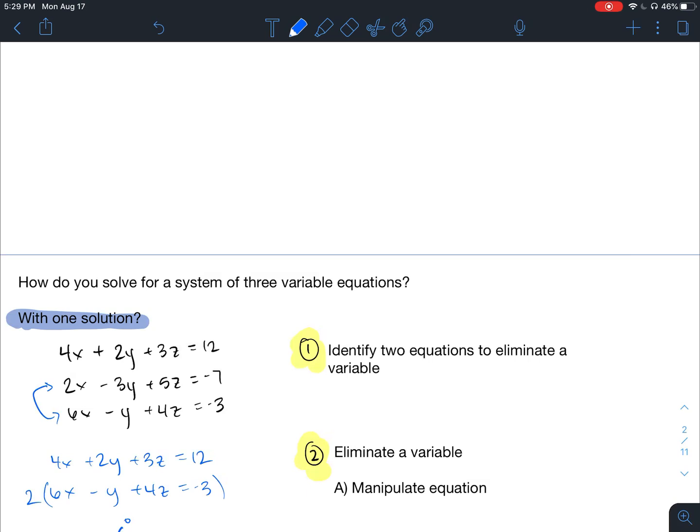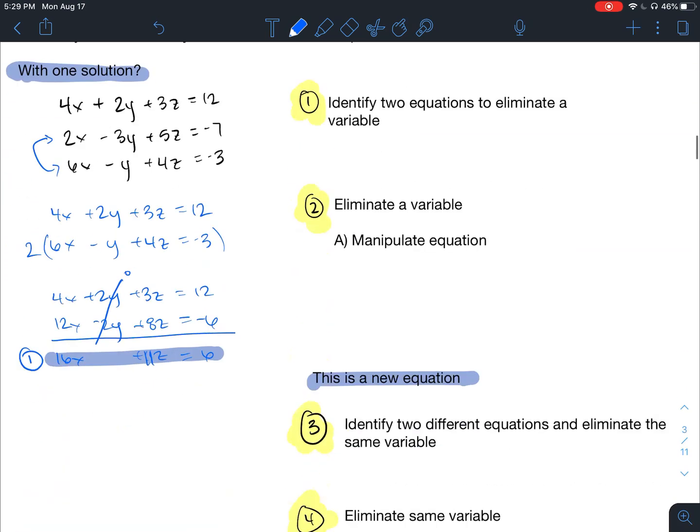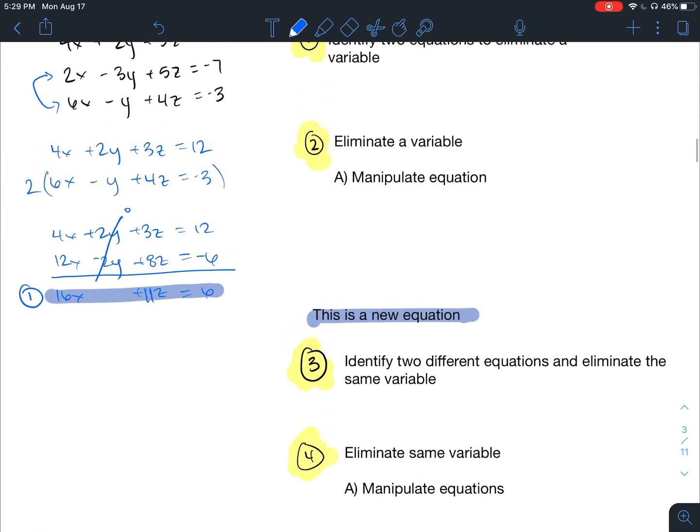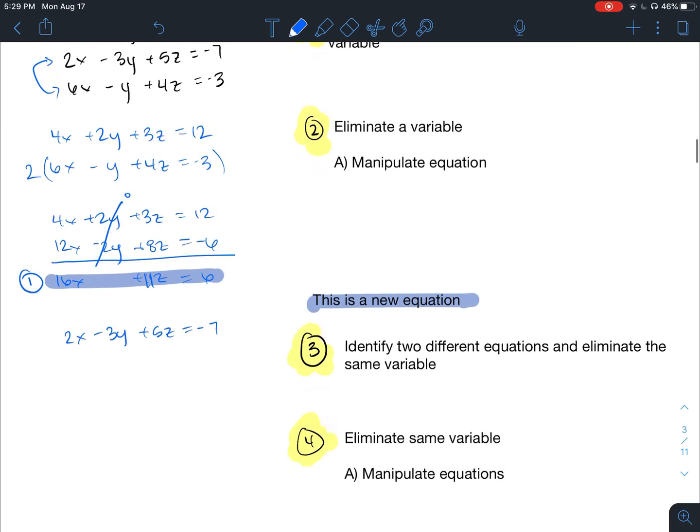But I'm going to choose the other equation. So I'm going to take these two and do the same exact thing. 2x minus 3y plus 5z is equal to negative 7. And then we have 6x minus y plus 4z is equal to negative 3.